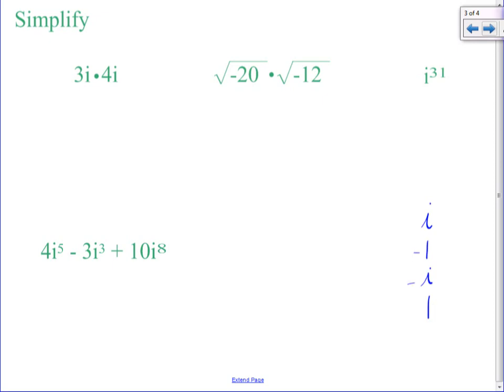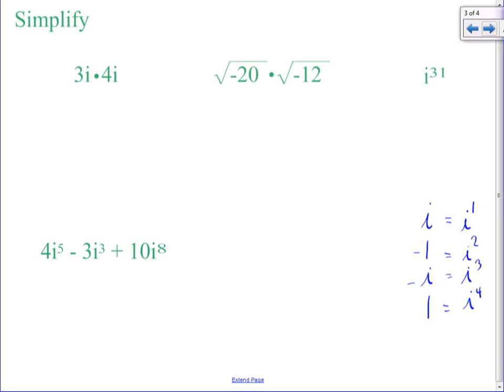This is going to be your little cheat sheet right here. This is equal to i to the first, i to the second, i to the third, i to the fourth. Write that at the top of your paper on your homework.